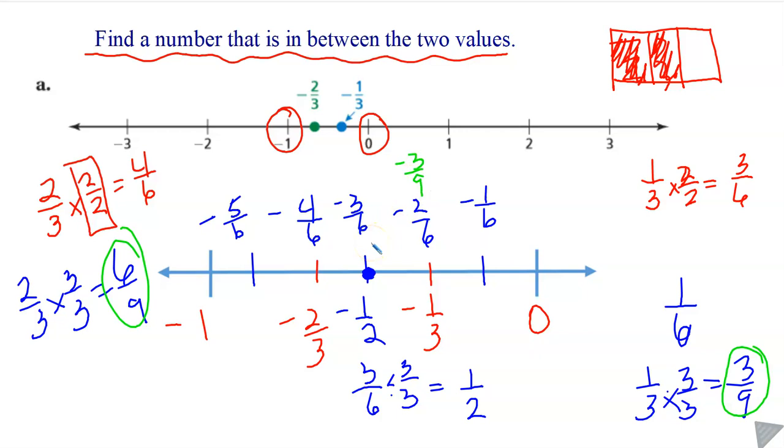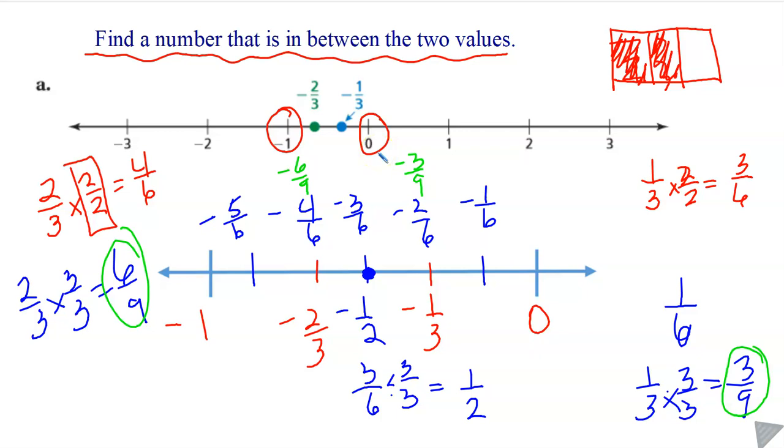That makes this -6/9. So notice if I think about a pizza that's been cut into 9 pieces, what's in between these two numbers? Well, there's -4/9 and there's -5/9. So the smaller the size pieces, the more in between fractions that you can make.